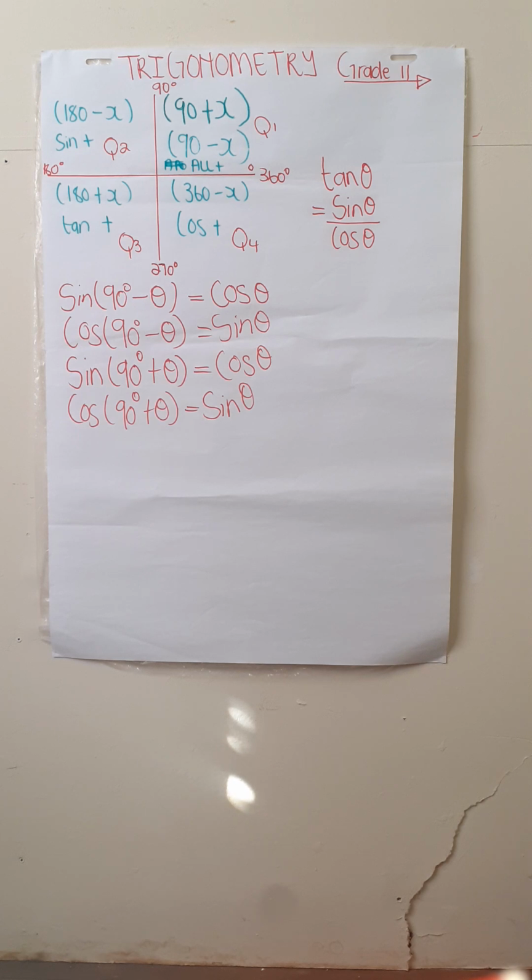You will see where we use it later in the video. So this is what you have to know, and then we can continue now to do some examples in order to increase our knowledge.